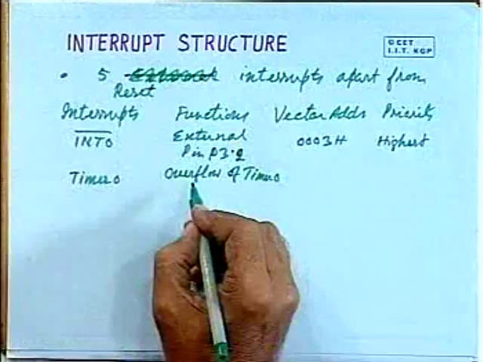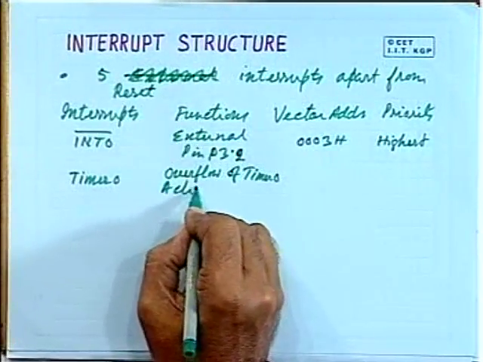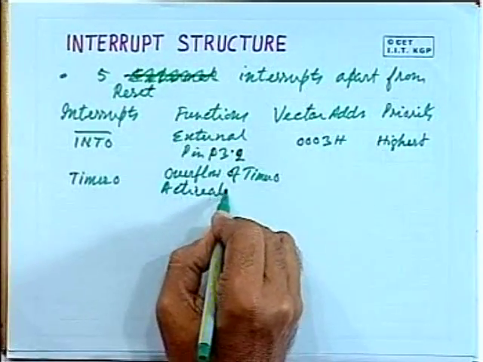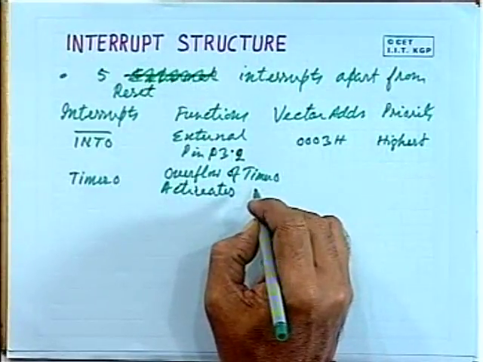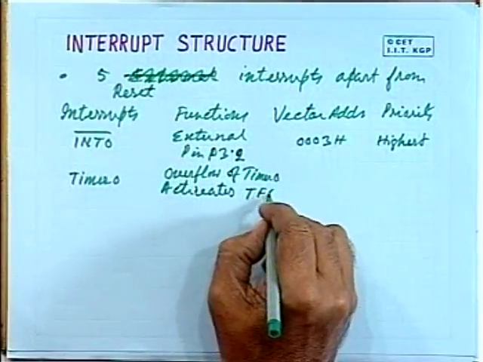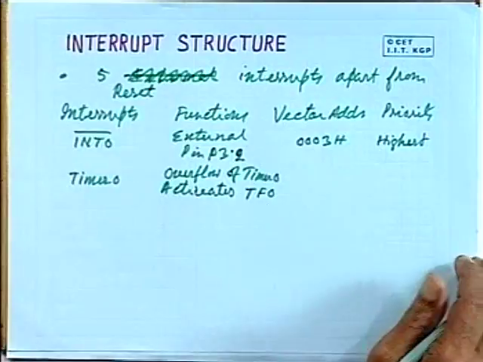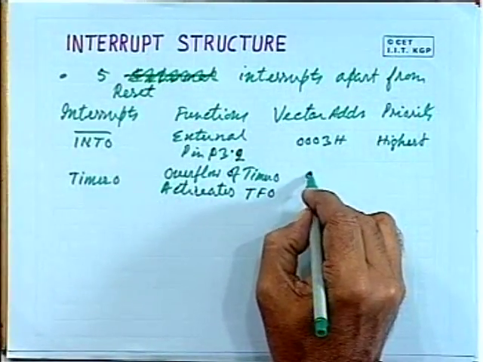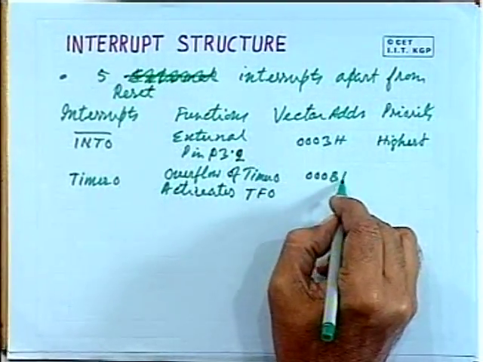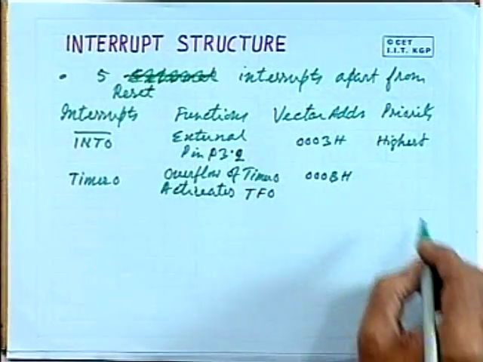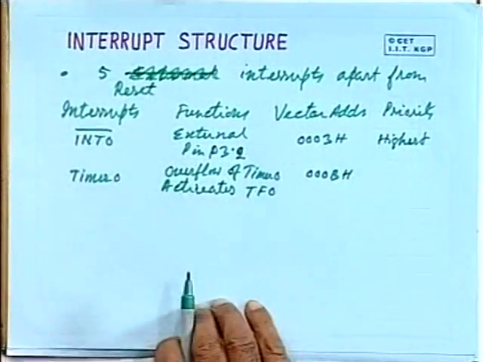So it counts up, and whenever there is an overflow, then this interrupt occurs and it activates an internal flag bit. That internal flag bit is TF0, timer flag 0. The corresponding vector address is 000B in hex, and it has the next highest priority.